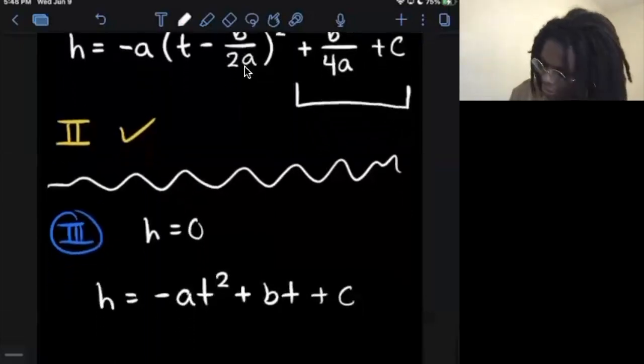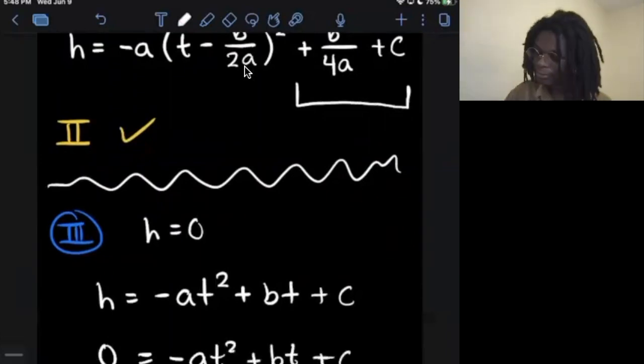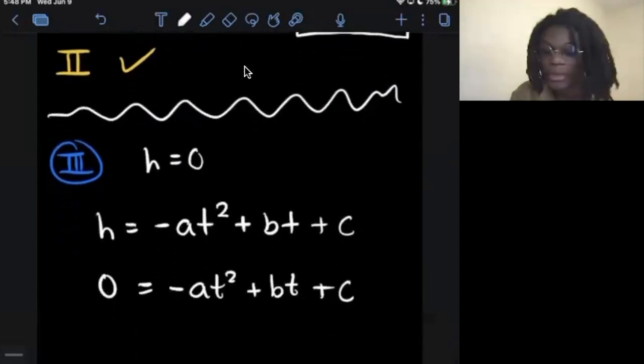Setting h equal to 0, we'll have 0 equals negative a t squared plus bt plus c. So we're just going to want to find the roots of this equation. Now you can use any method that you're most comfortable with. I'm going to be using the quadratic formula.